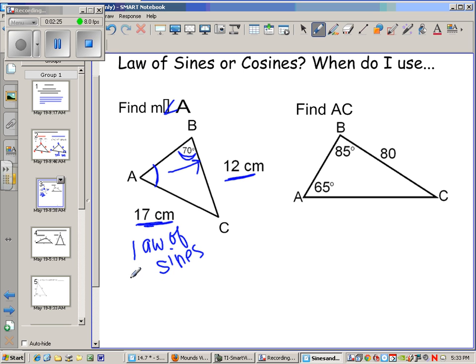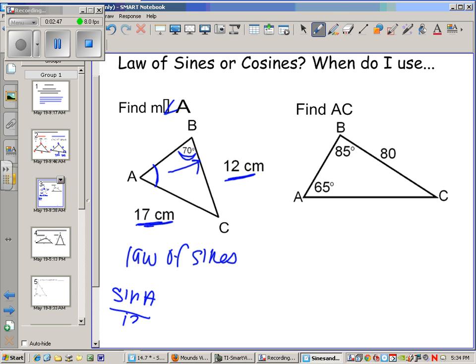Law of sines says that the sine of angle A over its opposite side, which is 12, is equal to the sine of angle B, which is 70, over its opposite side, which is 17. And again, we cross multiply and solve.